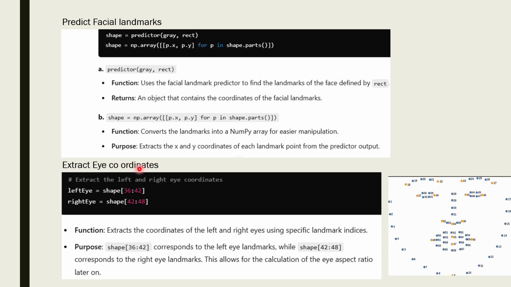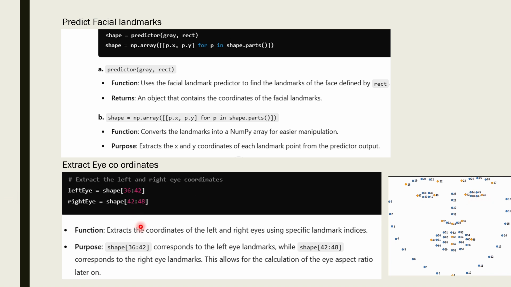Now extract the eye coordinates. So now we want to extract the eye coordinates. Remember, the left eye is 36 to 42. Remember, this has one value extra because the array starts from 0. So the right eye is from the 42nd array value to the 48th array value, which is 43 to 47.